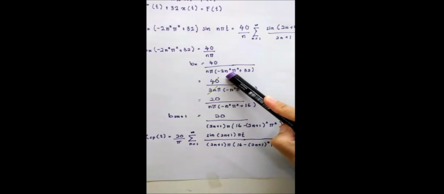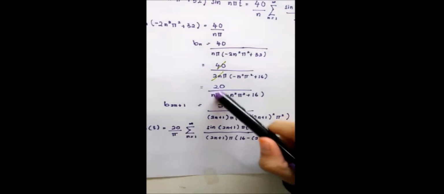So when we compare both, we will get Bn multiplied by negative 2n squared π squared plus 32 equal to 40 over nπ. To find the Bn, we have to move this to this side. So Bn equals 40 over nπ multiplied by negative 2n squared π squared plus 32.